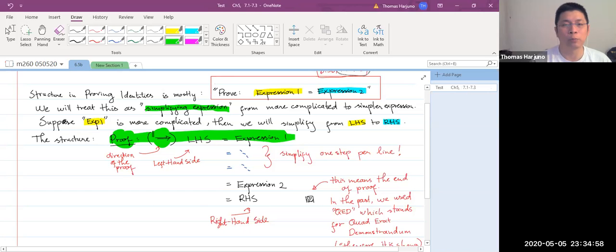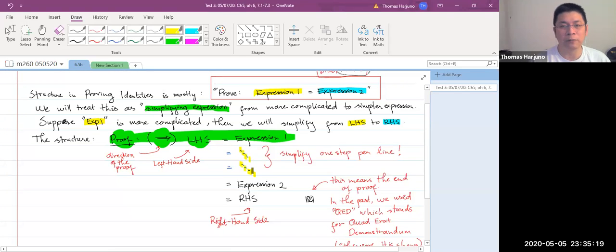In this case, we prove from left to right. Then you will write LHS first, that stands for left-hand side, equals expression 1, in this case the expression that you consider more complicated. And then we simplify.